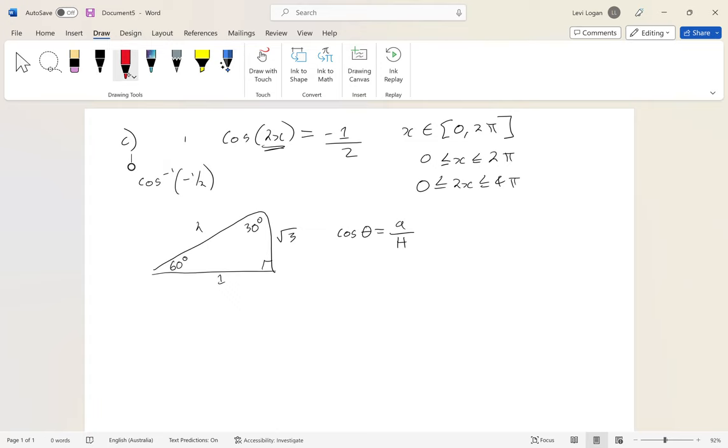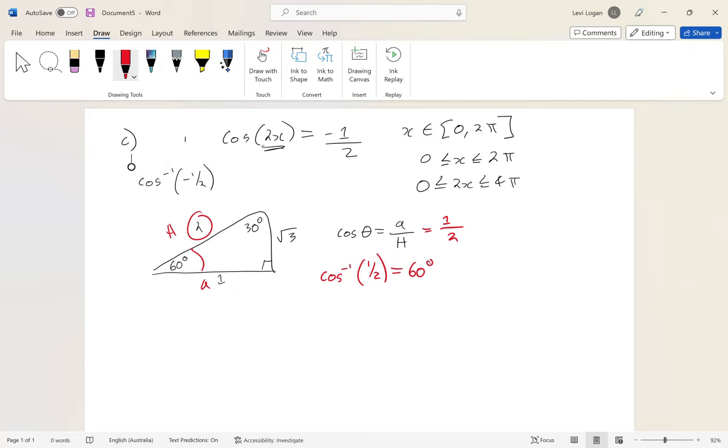So looking at our half, 1 is our adjacent and 2 is our hypotenuse. Therefore our angle we need is 60 degrees. So just looking at the positive value, cos inverse of a half is equal to 60 degrees.